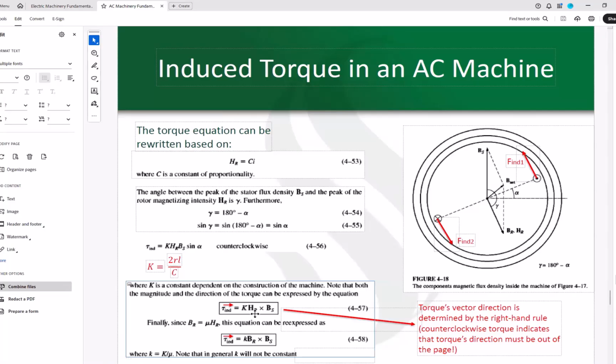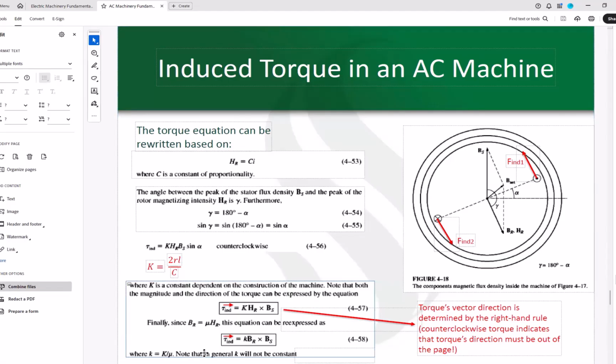Now, this is H_R, which is the magnetizing intensity of the rotor, and this is B_S, the flux density of the stator. In order to represent this equation in terms of the flux density of the rotor, we know that there is a relationship between the flux density of the rotor and H of the rotor through its mu. So therefore, you can represent tau induced based on B_R and B_S, where this small k becomes the big K in here divided by mu.